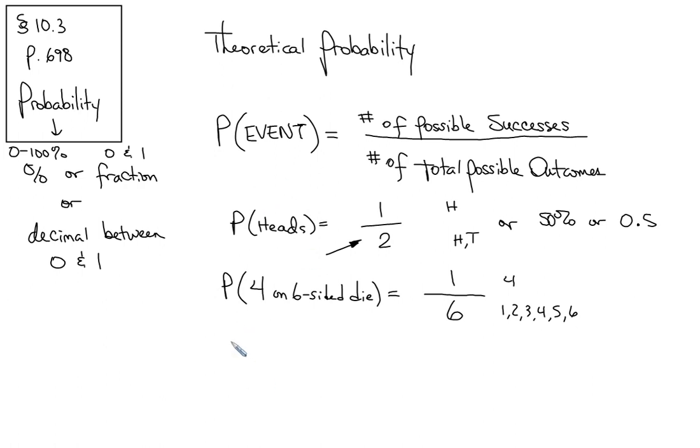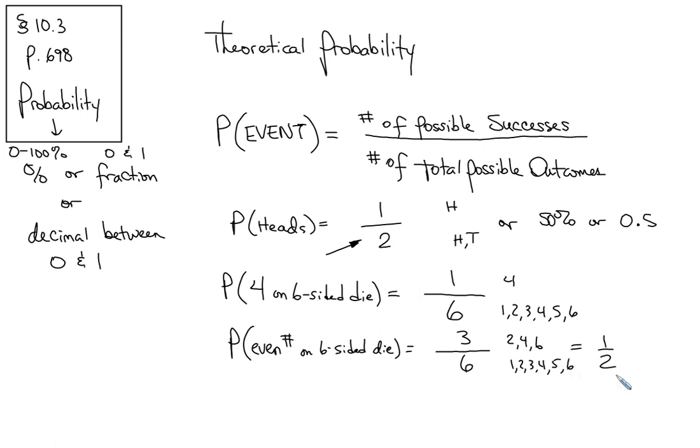What if we rolled the same 6-sided die and we wanted to get an even number? How many even numbers are there on a 6-sided die? 3. 2, 4, and 6 out of how many possible outcomes? 6. 1, 2, 3, 4, 5, 6.